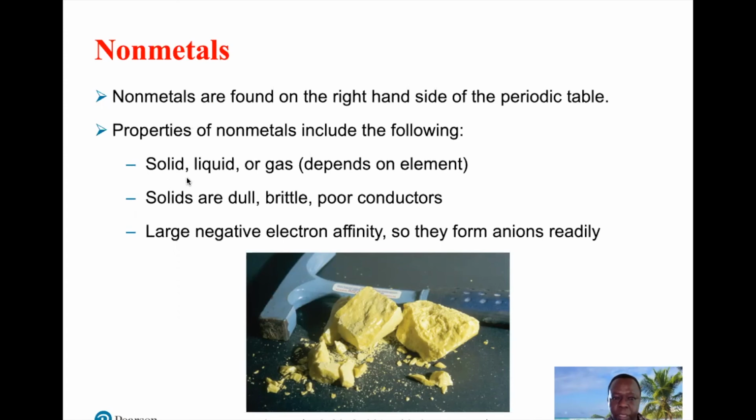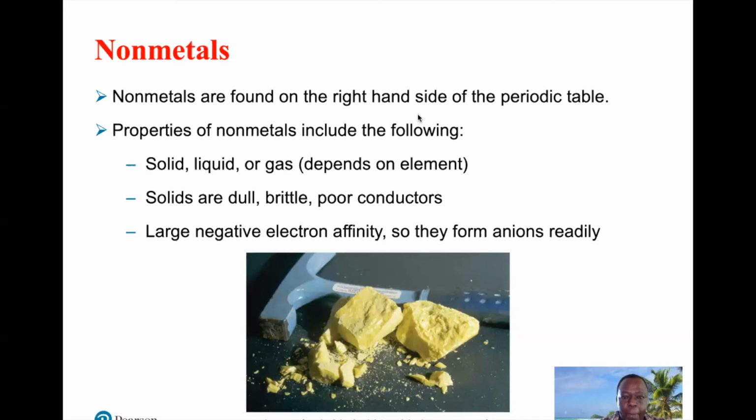We have solids, liquids, and gases depending on the element. Molecular iodine is solid at room temperature. Bromine is a brown liquid, not solid. Most of the non-metals are gases: nitrogen gas, oxygen gas, and so forth. Chlorine gas, fluorine gas, they are diatomic.